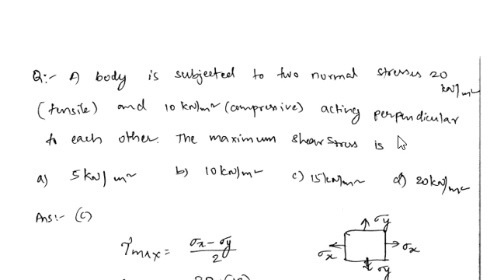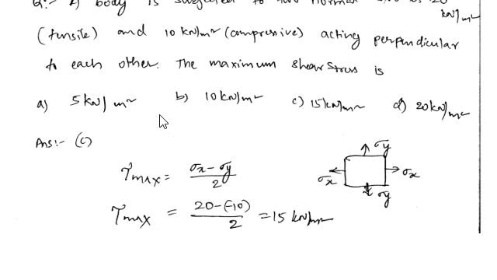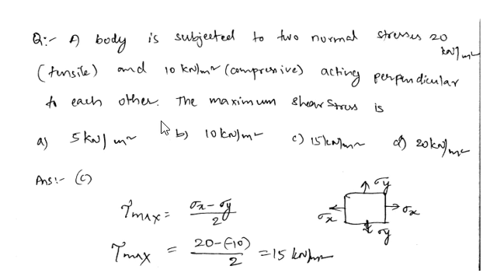And when we see the next question here, a body is subjected to two normal stresses: 20 kilonewton per meter square, that is tensile, and 10 kilonewton per meter square, that is compressive, acting perpendicular to each other. The maximum shear stress is?